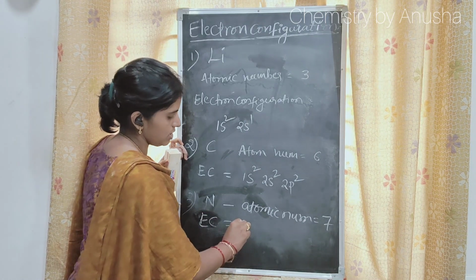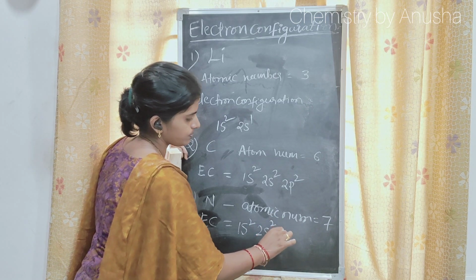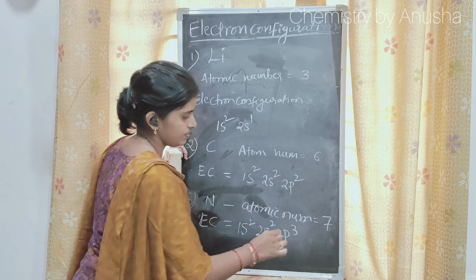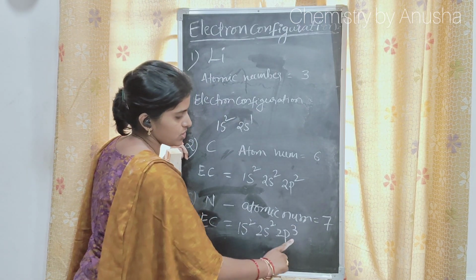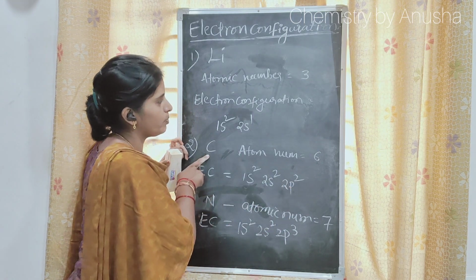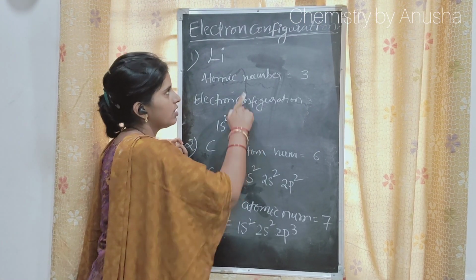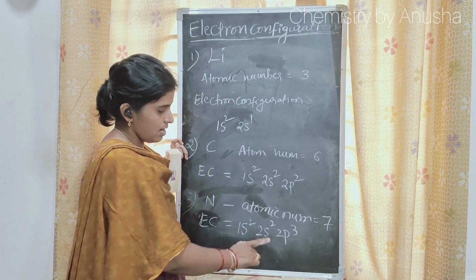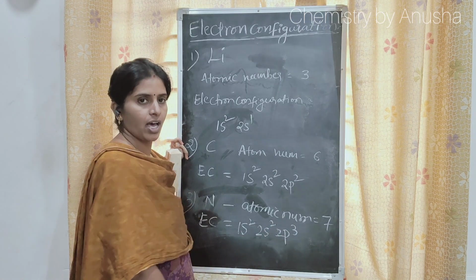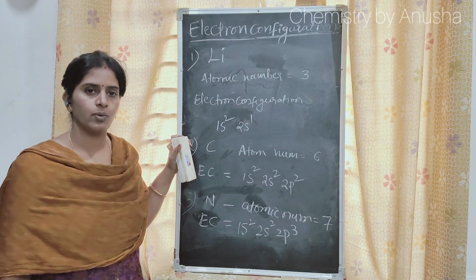The electron configuration is 1s2, 2s2, 2p3. So the outermost configuration is 5. Here, outermost configuration 4 means fourth group element, outermost configuration 1 means first group element, and here the outermost configuration is 2 plus 3, 5. So it is a fifth group element.